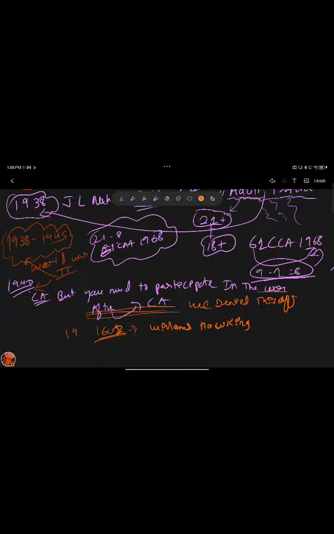Yeah, so William Hawkins was the first Britisher who came to India for trade and all that. And when he came to India, he came to Jahangir's court.